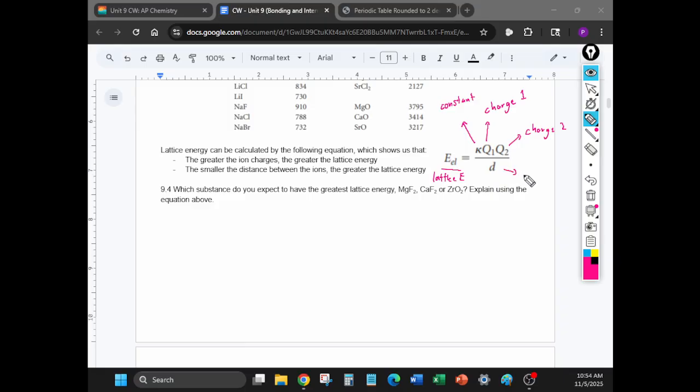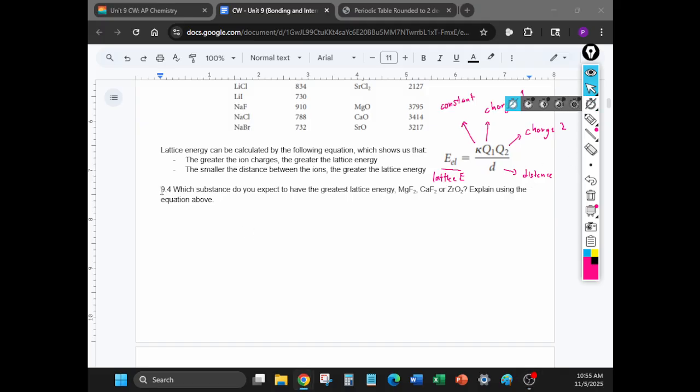And then D is going to be your distance. The lattice energy is dependent on a couple things. It's dependent on the charges that the elements have, but also how far the ions are from one another. So greater distance is going to be less lattice energy, and so on and so forth.